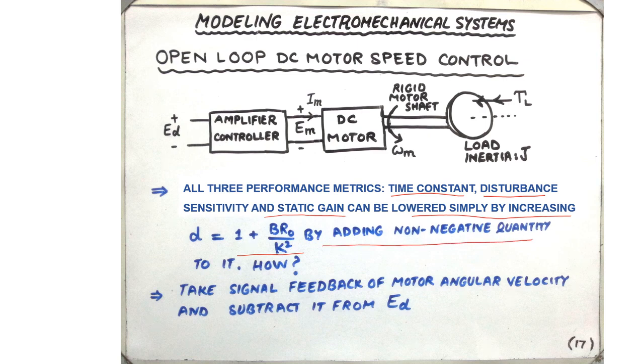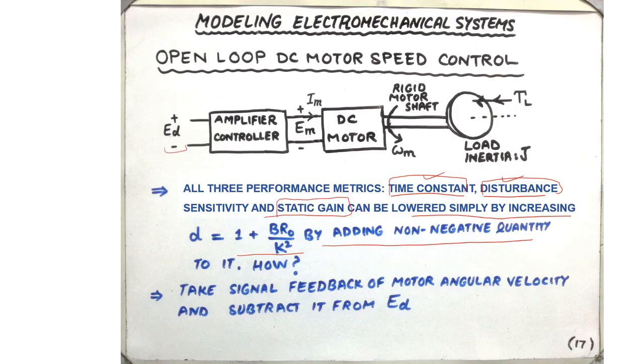This is going to be worth a trade-off because 2 out of these 3 performance metrics we want to have a lower value. So we want to have small value for the time constant, small value for the disturbance sensitivity, although we want a high value for the static gain. It is going to be a valuable trade-off because we care more about the time constant and the disturbance sensitivity. And we can compensate for the lower static gain simply by increasing the supply voltage.